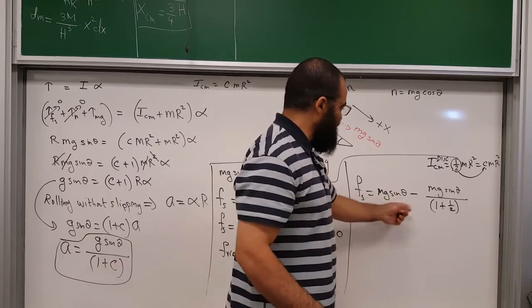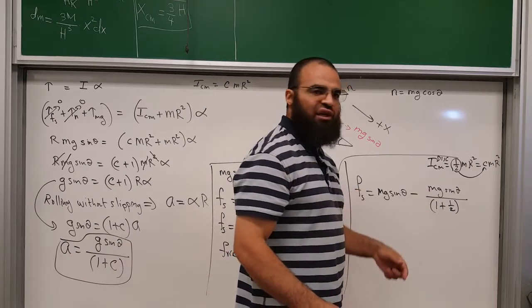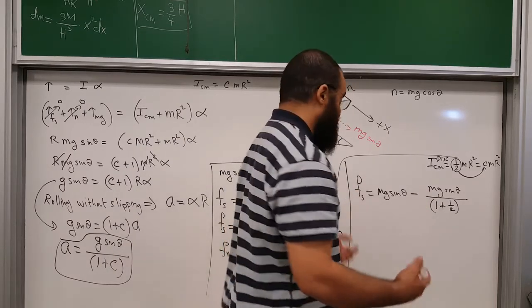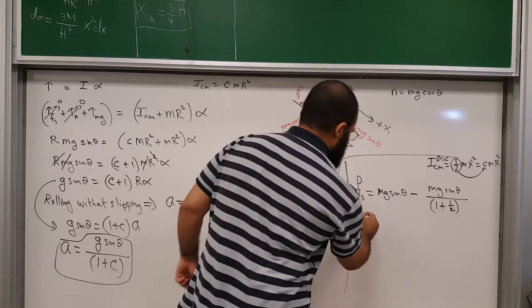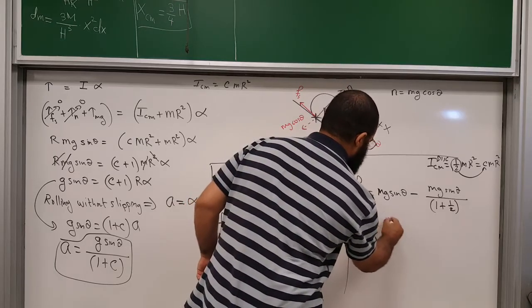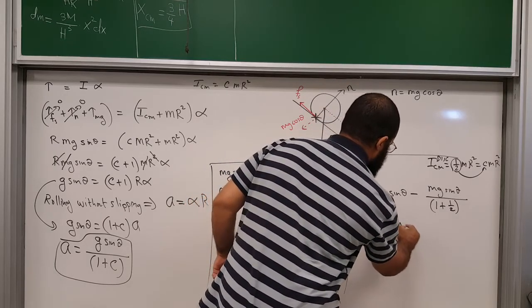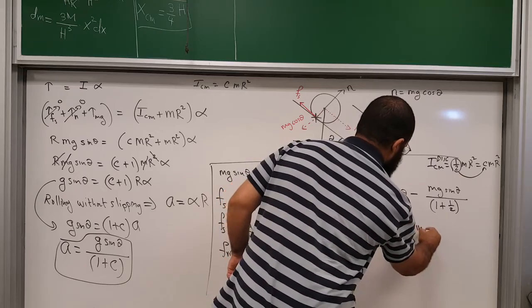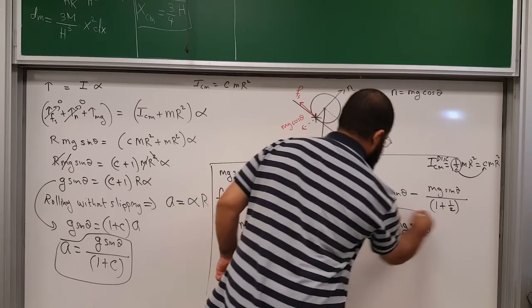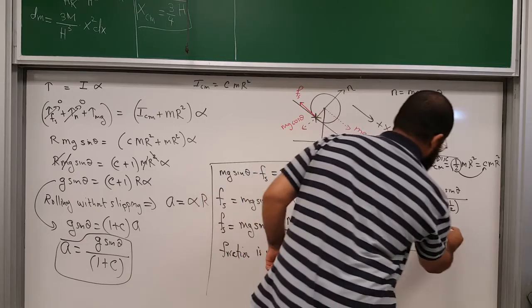So you have mg sine theta minus 2/3 mg sine theta. 1 minus 2/3 is 1/3, and therefore the force of static friction will equal 1/3 mg sine theta. This is for a disk.